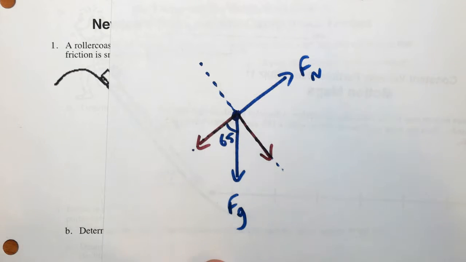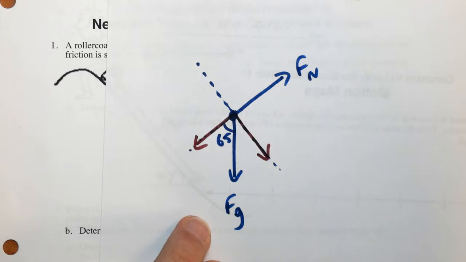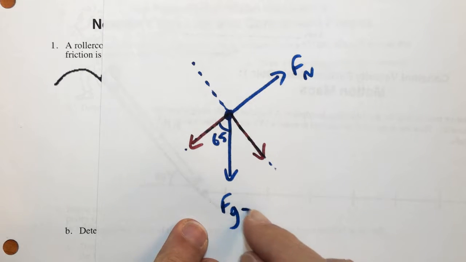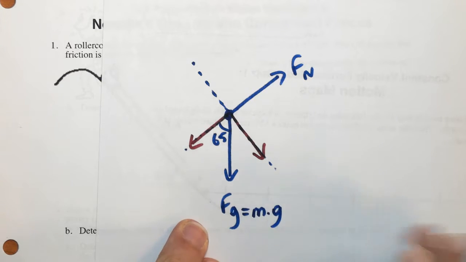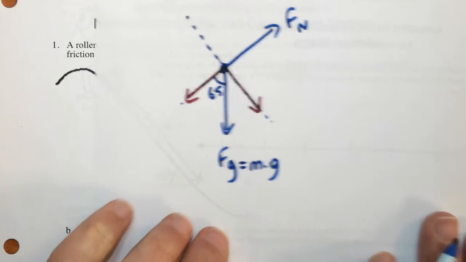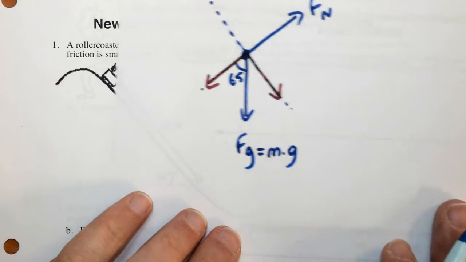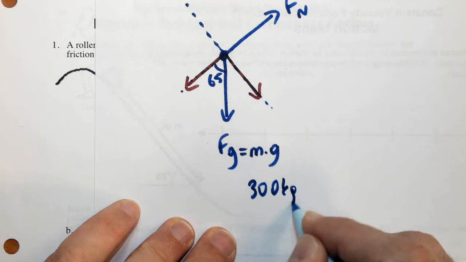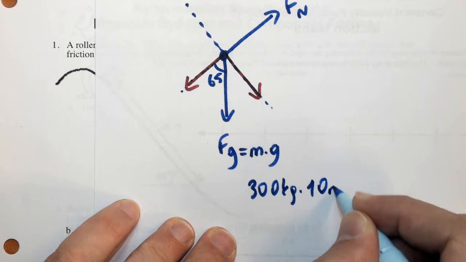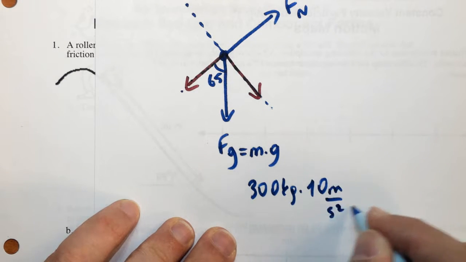So firstly let's calculate the mg, I'm sorry, the force of gravity. Remember the equation for that, m times g. The mass is 300 kilogram times 10 meter per second squared.